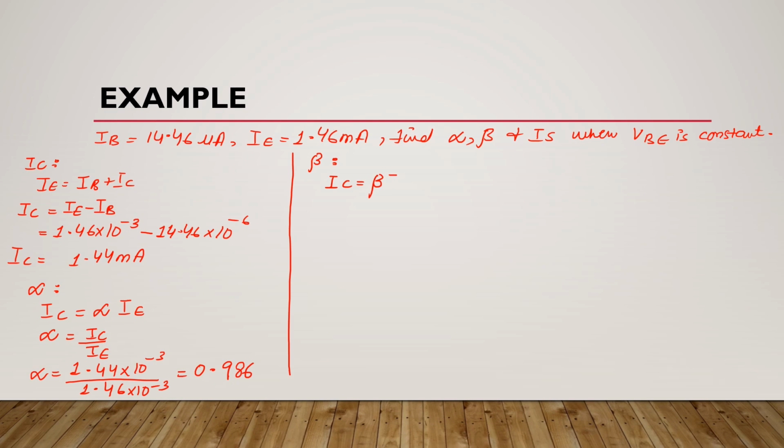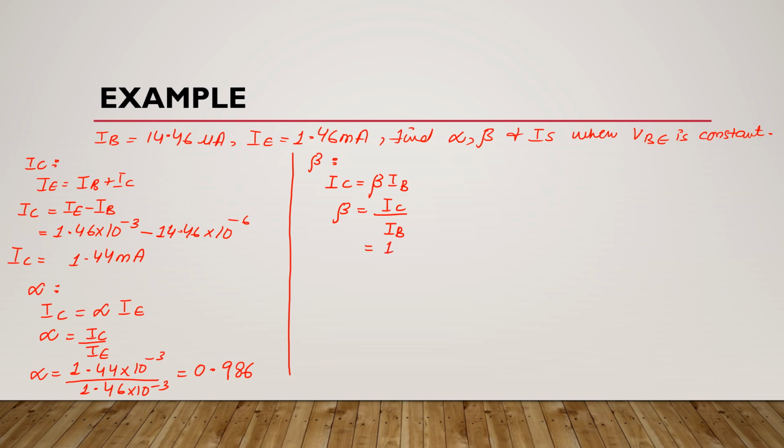Okay. Now for beta, we will use equation 4, which is IC is equal to beta IB. It means now beta is equal to IC divided by IB. Now we'll put values here in this equation.